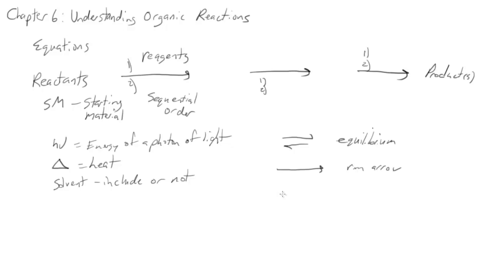If we write an arrow with heads on both sides, that's a resonance arrow. So that's different from the equilibrium. That's what signifies that resonance is happening. And if we do a curved arrow, that's a mechanism arrow, or electron movement. So those are some of the most common arrows that you're going to see in organic chemistry.